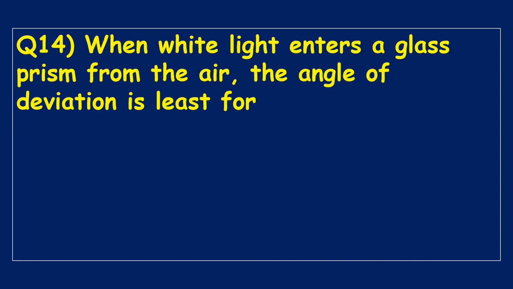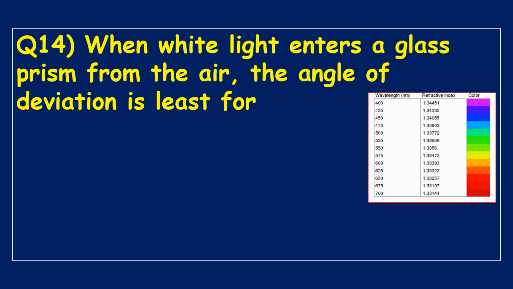Then what happens generally when light enters from a rarer to a denser medium? It refracts and bends towards its normal, right? The angle of deviation is least for what? Angle of deviation is less when wavelength is high. Now we'll see that one.